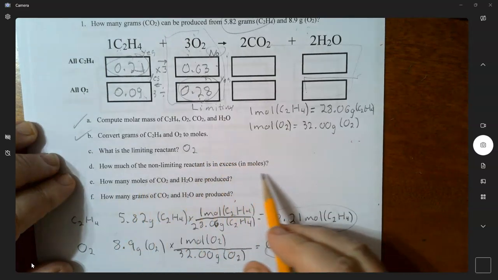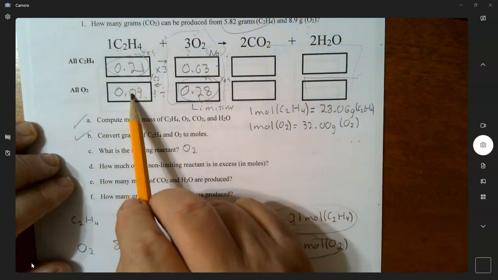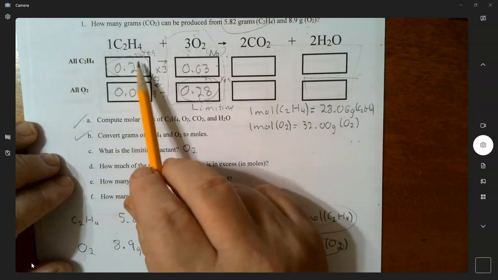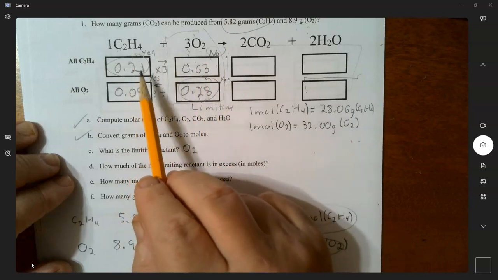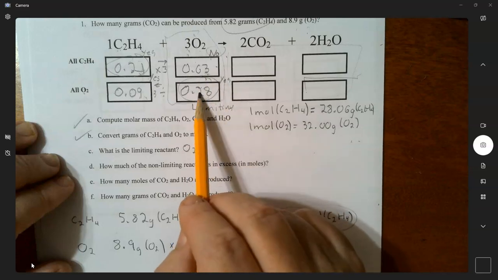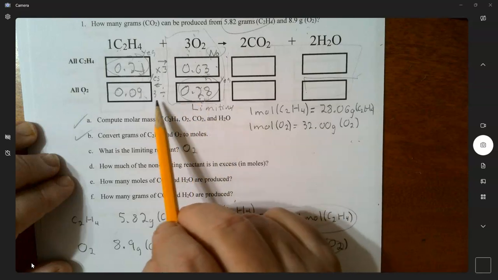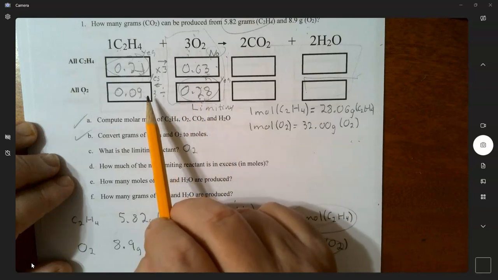How much of the non-limiting reactant is in excess? So first of all, which reaction is going to run? The reaction that's going to run is the one with 2 yeses. This one will not run to completion. You will not be able to combust all of the C2H4 because you don't have enough O2. So this one will run to completion. You have 0.28 moles of O2. In order to combust that all, you need 0.9 moles.